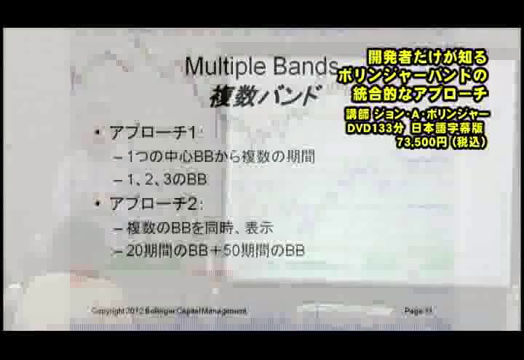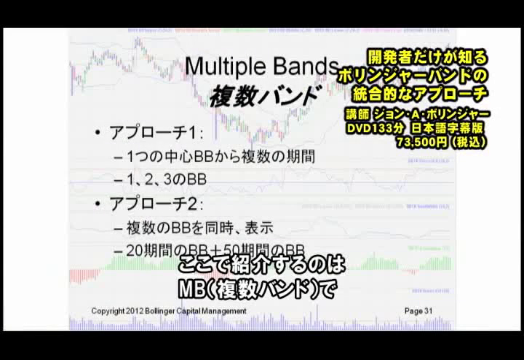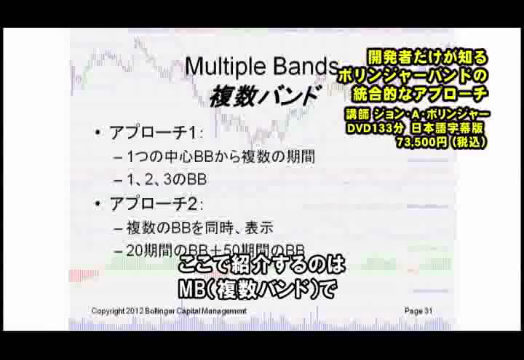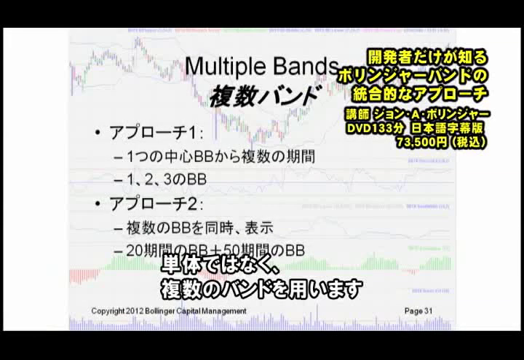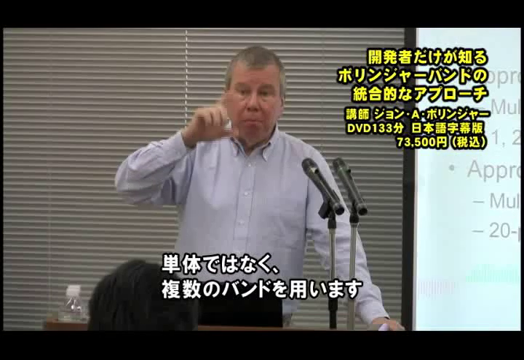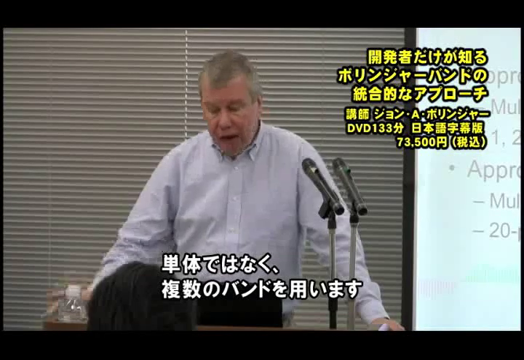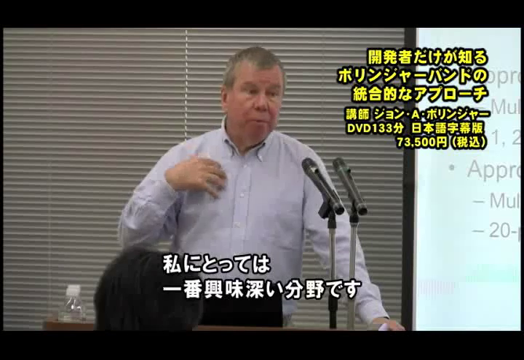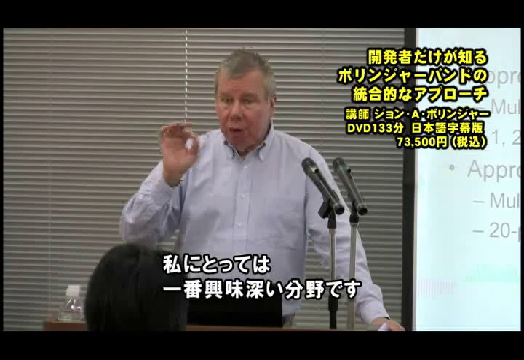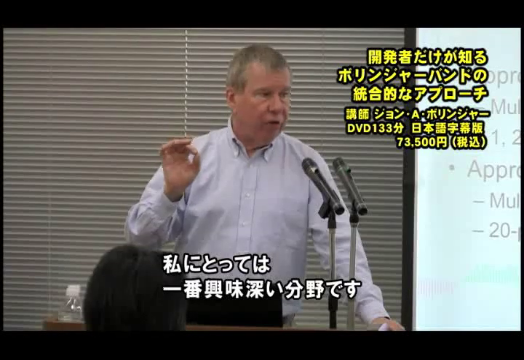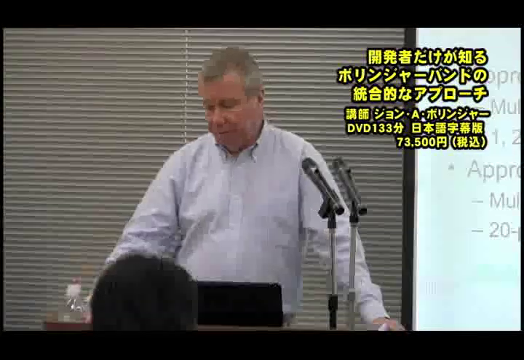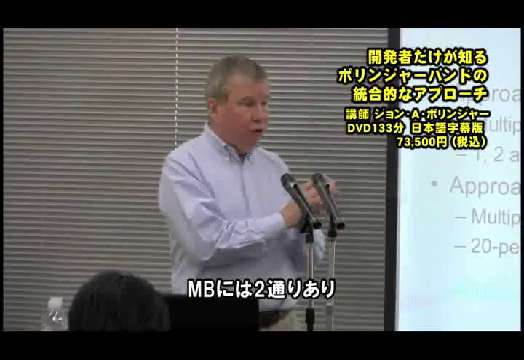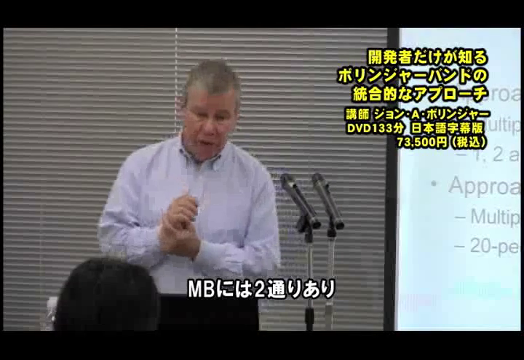Now we start on a module about multiple bands, using not just one set of Bollinger Bands, but using multiple sets of Bollinger Bands at the same time. And for me, this is one of the most interesting areas of research that I know of. There are two ways to employ multiple bands.